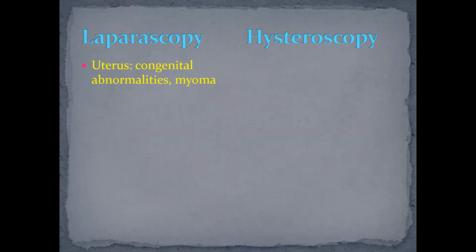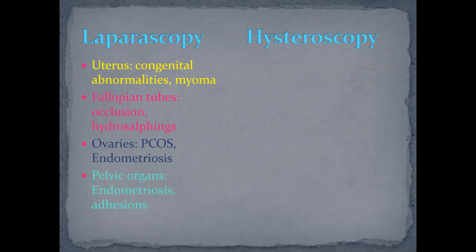For what purposes do we use diagnostic laparoscopy, and when do we perform hysteroscopy? Laparoscopy we perform when there are abnormalities of the uterine structure, congenital abnormalities, a myoma of the uterus, pathology of the fallopian tubes such as occlusion or hydrosalpinx, pathology of the ovaries such as polycystic ovary syndrome and endometriosis, and pelvic adhesions as a result of pelvic inflammatory disease.